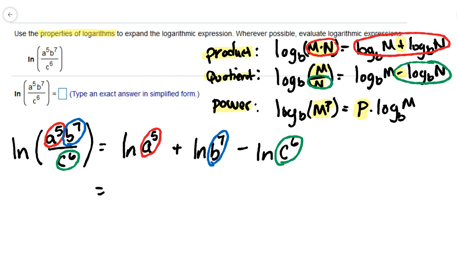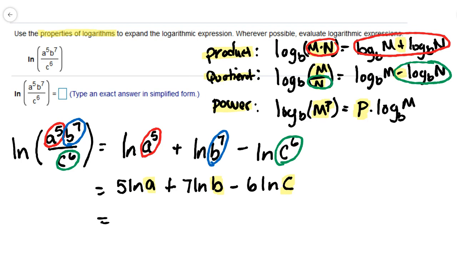We're going to go one more step and use the power rule. Each one of these expressions inside the log have an exponent. So using the power rule, I'll bring the 5 in front, 5 multiplied by natural log A, 7 multiplied by natural log B, and 6 multiplied by natural log C. And since each one of these inside the log are variables, we're not going to be able to simplify anymore.